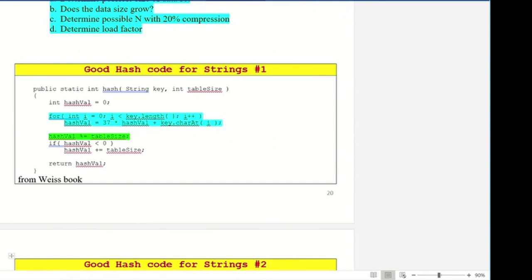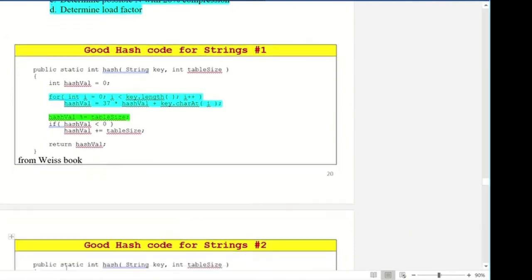Then we multiply it with a prime number. Prime numbers are not easily divisible. So that adds another aspect to it. Then we go ahead and do the green part and mod it and put it into its right spot. But notice we actually do a ton of work to make sure that our data values are placed into spots as best as possible with an even distribution.